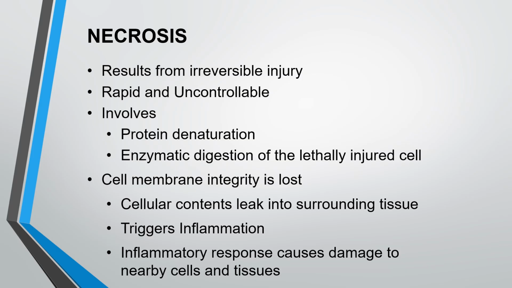And that leakage, that's what triggers inflammation. Here's the critical point. Inflammation doesn't just clean up, it can cause collateral damage to nearby cells and tissue. From a histotech perspective, necrotic tissue often stains more intensely pink on H&E due to protein denaturation. Once you see it, you can't unsee it.